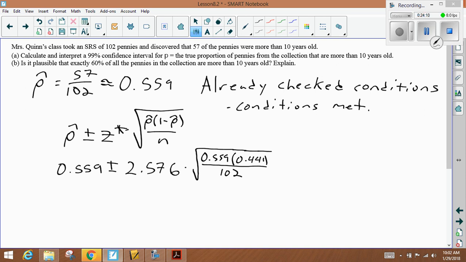Let's get this. 2.576 times the square root.